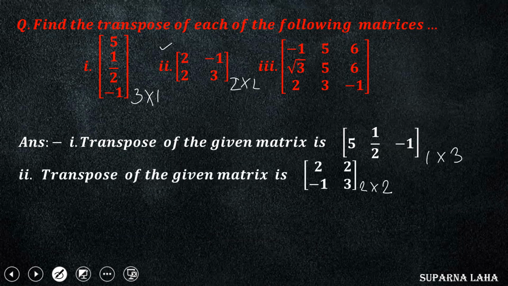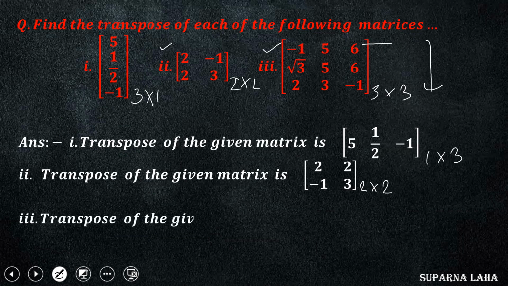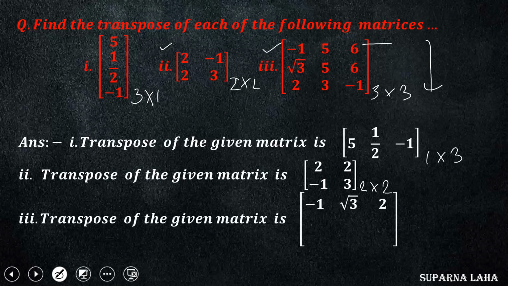Now the third one is a 3 cross 3 matrix. Just transform its rows into columns, and find the transpose. The first row is minus 1, 5, 6, which we change into a column, that is minus 1, root 3, 2, then 5, 5, 3, and 6, 6, minus 1.